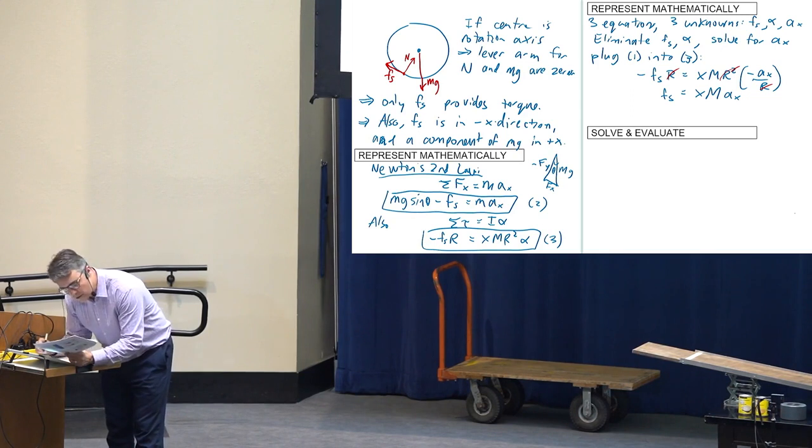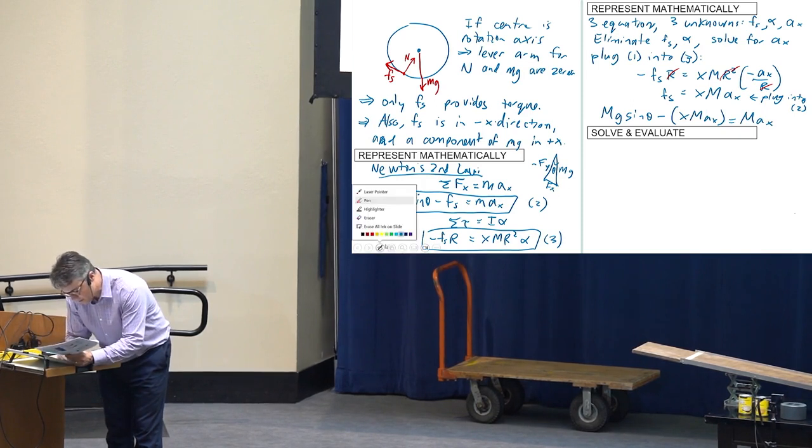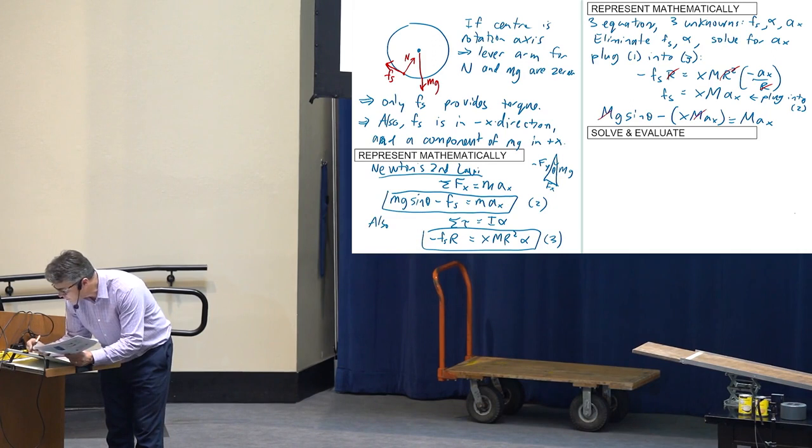And then we'll plug this into equation 2. I get mg sine theta minus x m a sub x equals m times a sub x, and you just solve it out. There's m's in every single term there, so divide both sides by m.